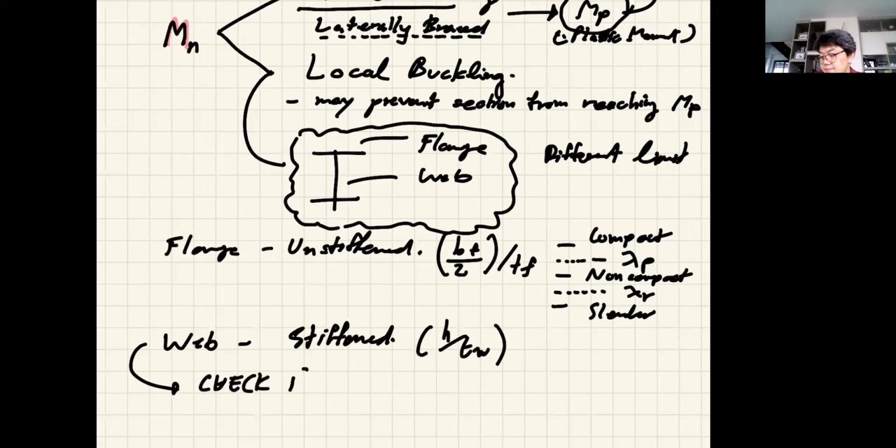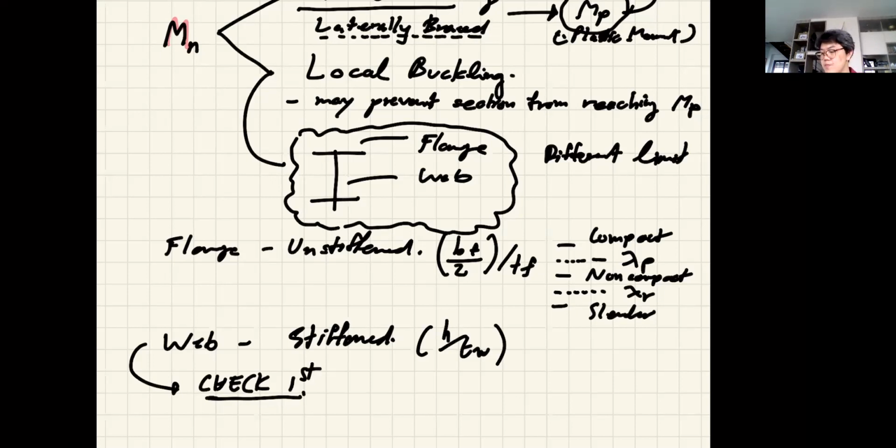When your web is compact, the flange will be in the series of a compact web. That's how they do it. And say if the web is non-compact, when you check the flange, the series will be under the non-compact web scenario. When the web is slender, you're gonna check the flange in the slender web scenario.